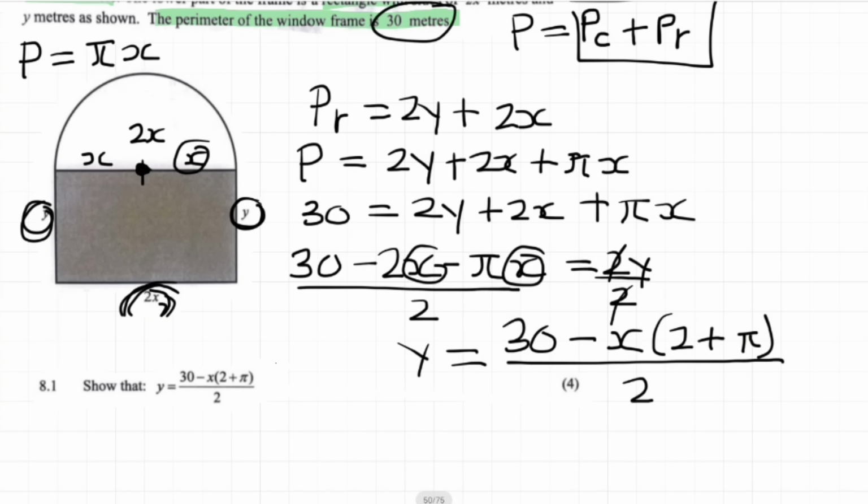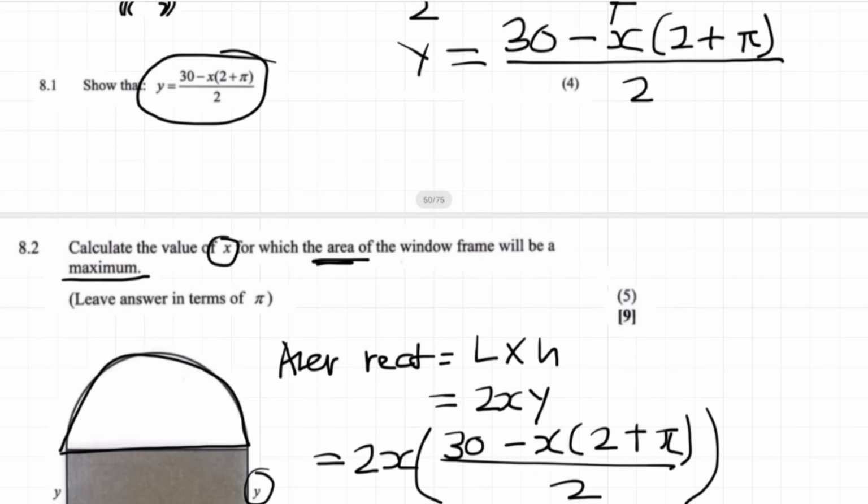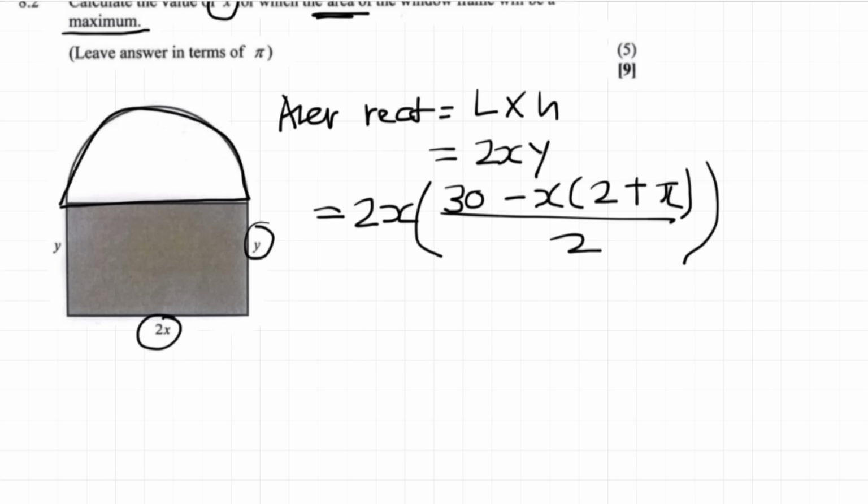So if you have forgotten, what did I just substitute here? We've proven it on 8.1. So now we're using it on 8.2. So okay, cool. Now let's just solve this. Look at this, 2 is going to cancel out with this one, and I am going to be left with x, and then this is going to be 30.